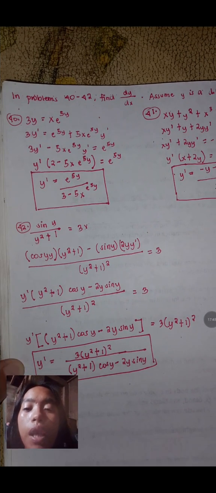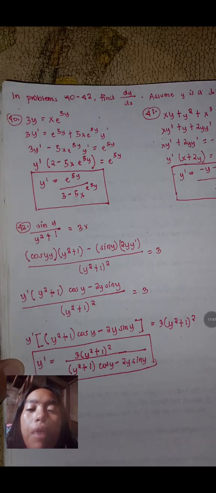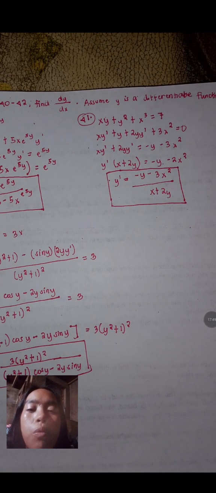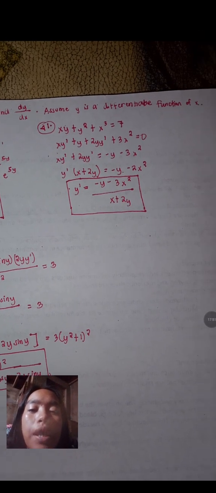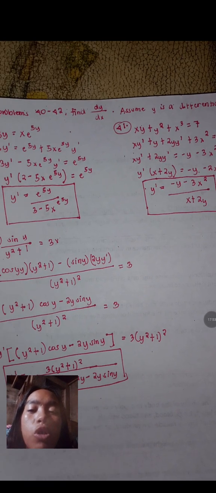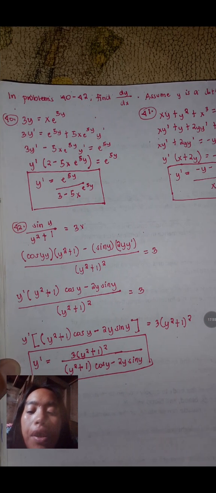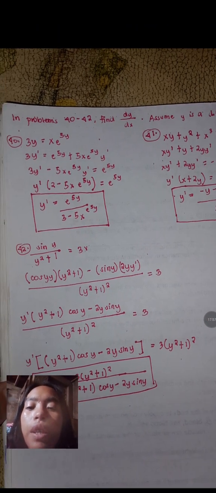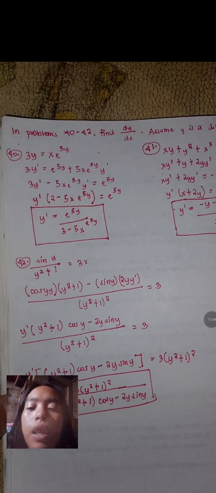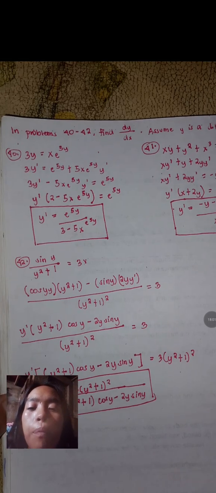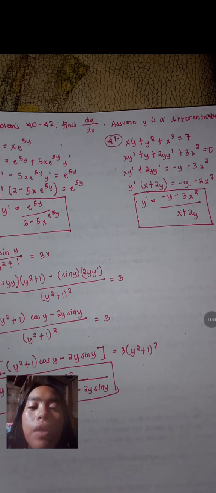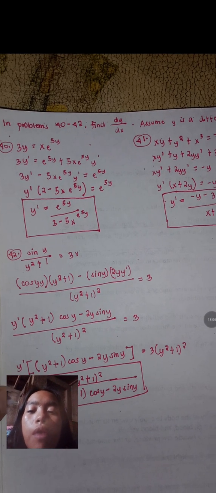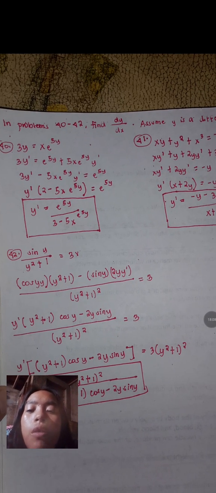So in problems 40 to 42, find dy over dx. Assume y is a differentiable function of x. So number 40, we have 3y is equal to x e raised to 5y. So we should assume y is a differentiable function of x. So 3y prime is equal to e^5y plus 5x e^5y y prime.